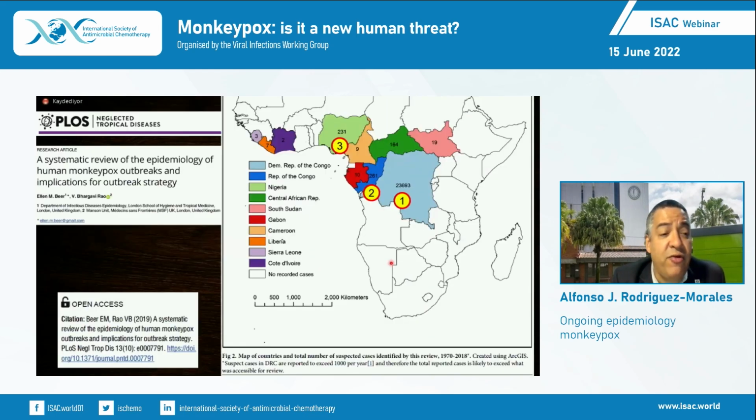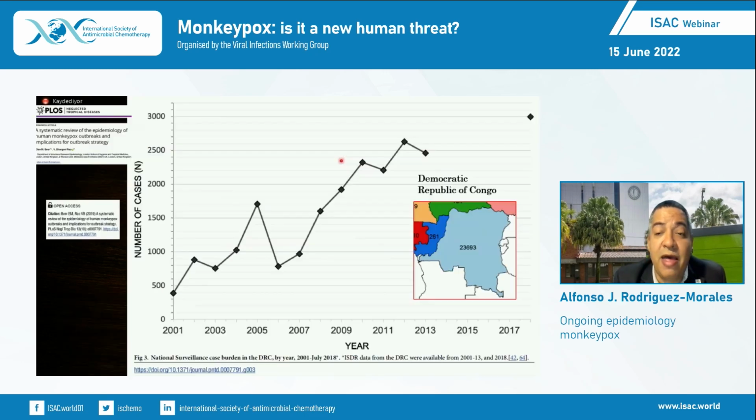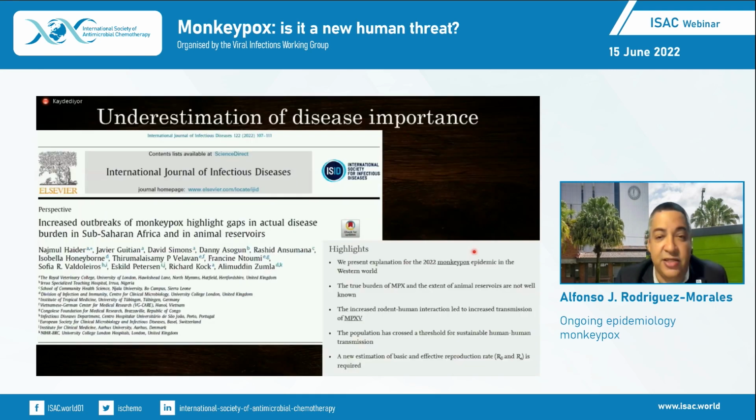As we can see here from this systematic review from Beer, analyzing the epidemiology in these countries, particularly the case of the Democratic Republic of Congo, but also the Republic of Congo and Nigeria have been very important. And in the Democratic Republic of Congo, as reported in this paper, there has been an increase over this period with the largest number of cumulated cases.